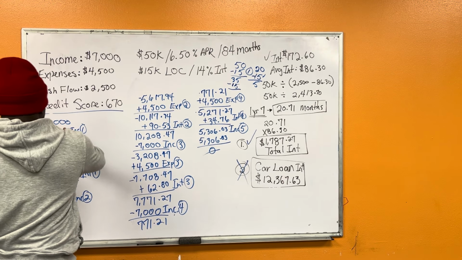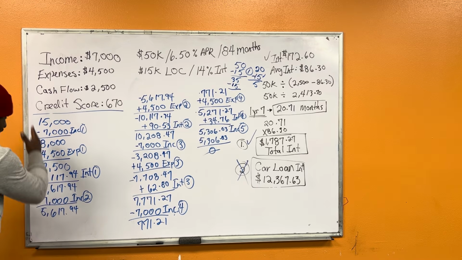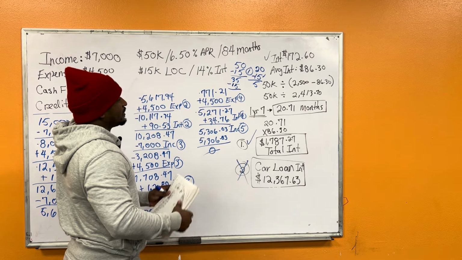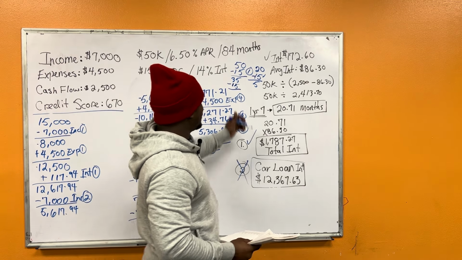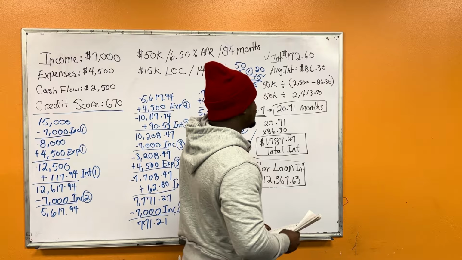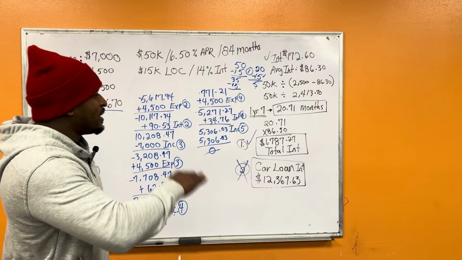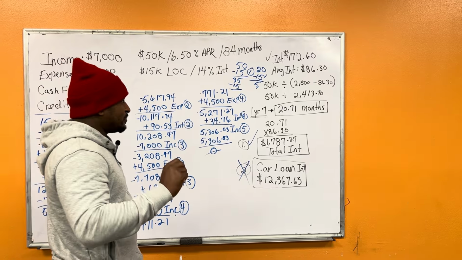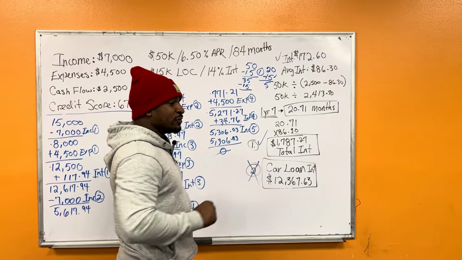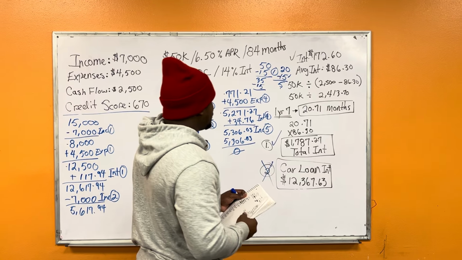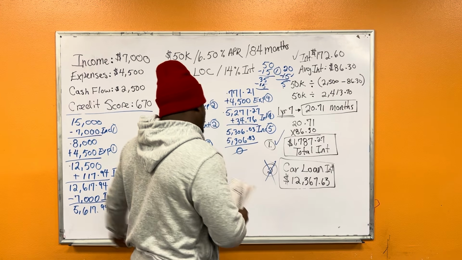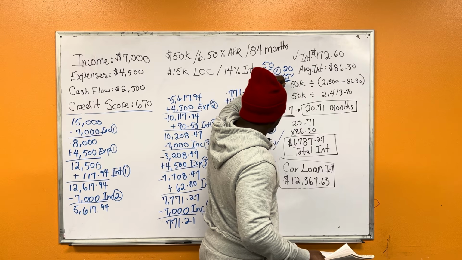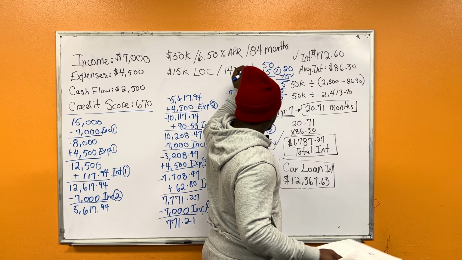Go back to square one and repeat the process all over again. Now you have $5,000 left on the principal of your car loan. You do the same thing, but this time, instead of 15, you just pay the 5. And you're done.